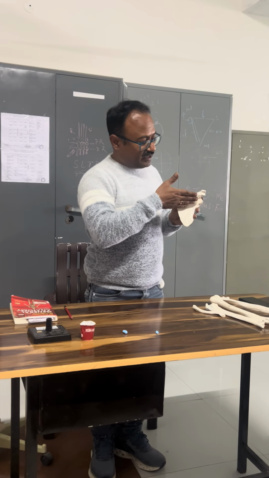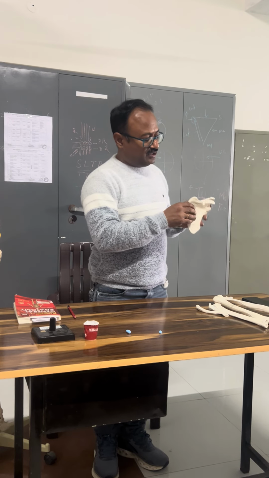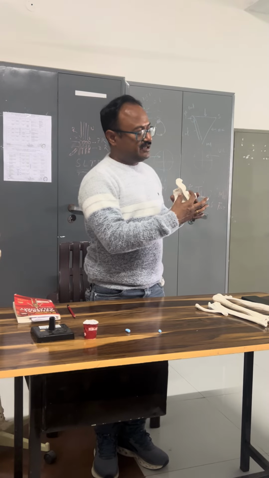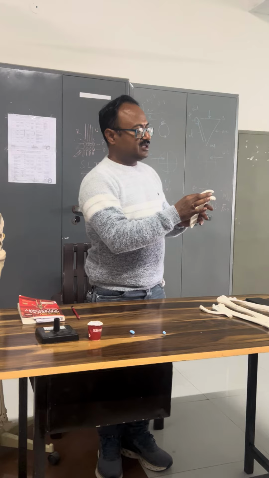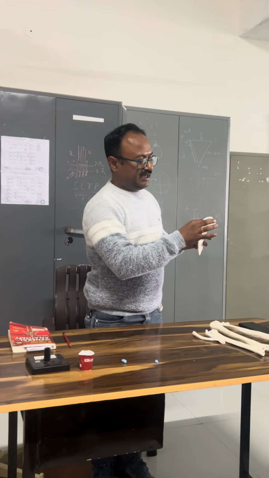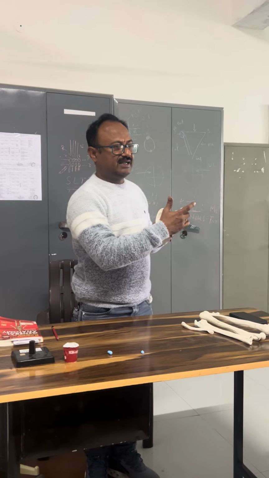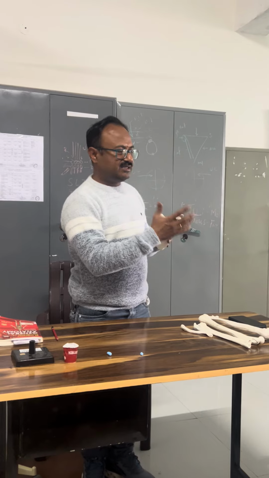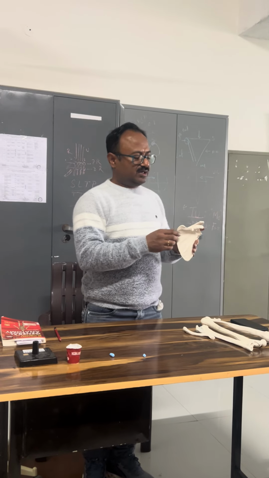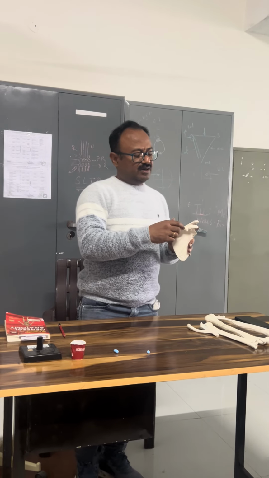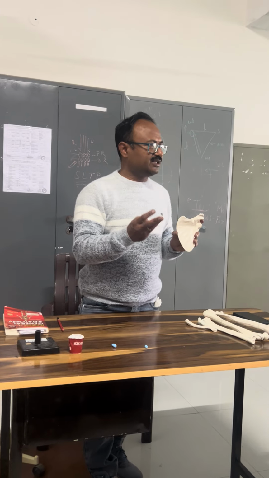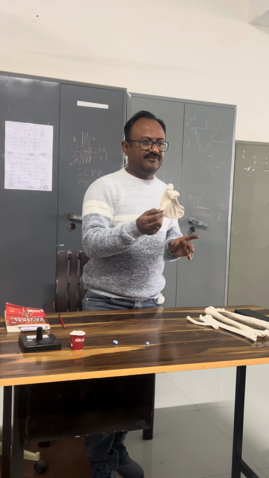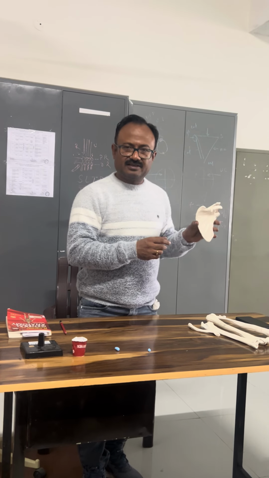The posterior surface is divided into two parts by the spine of the scapula. The superior border presents a notch called the suprascapular notch. These are the three or four points by which we can define it as a left-sided scapula.